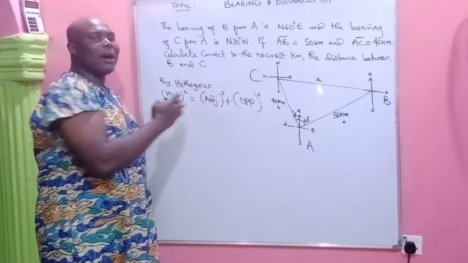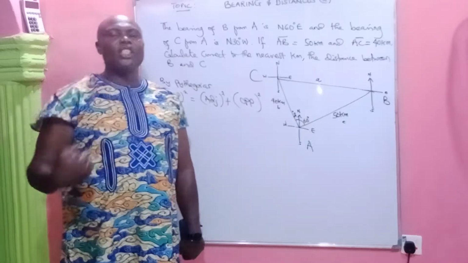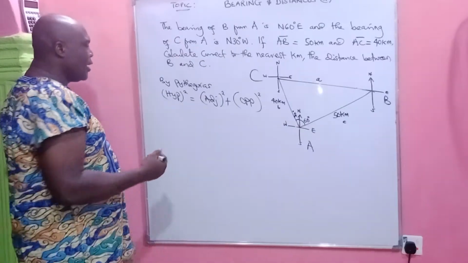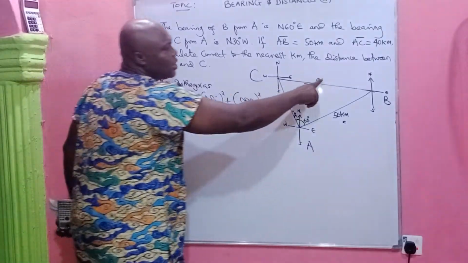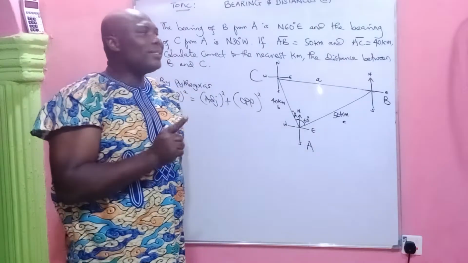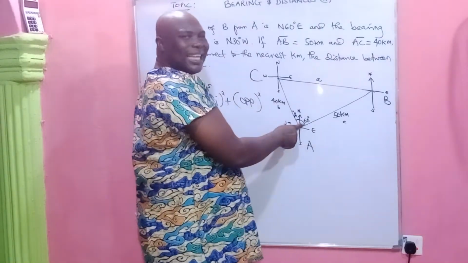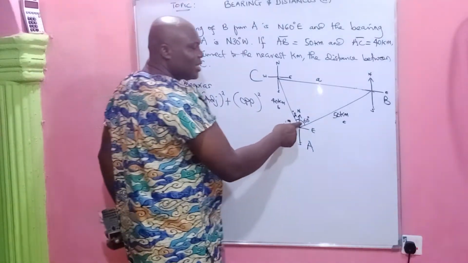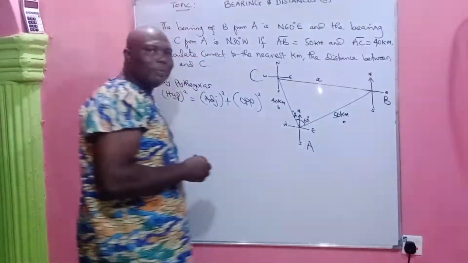If you have not studied our slide on Pythagoras theorem, search through all the videos. You will see the slide on Pythagoras theorem. You can actually learn it. So the hypotenuse is the longest side. How do you know that A is the longest side? The longest side is always the side that faces the 90 degrees. That's the longest side. So A is the longest side. It faces 90 degrees. So that longest side becomes the hypotenuse.